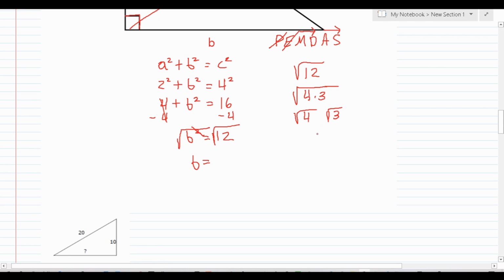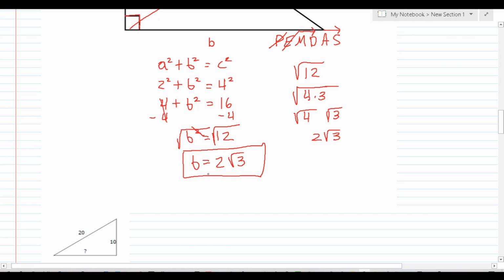Square root of 4 is 2, so this becomes 2 times the square root of 3, and just like that, we took the square root of 12 and put it in its simplest form, notably 2 radical 3. Okay, so that would be the answer for this problem.